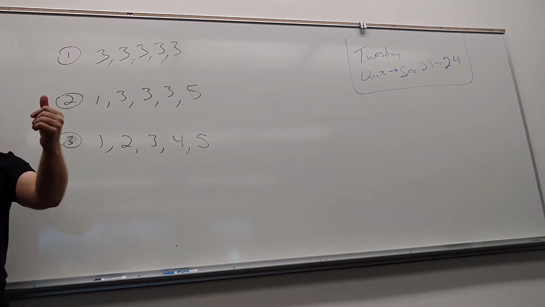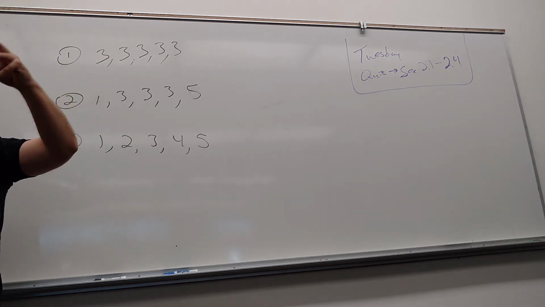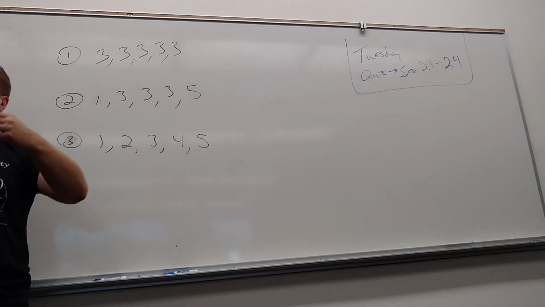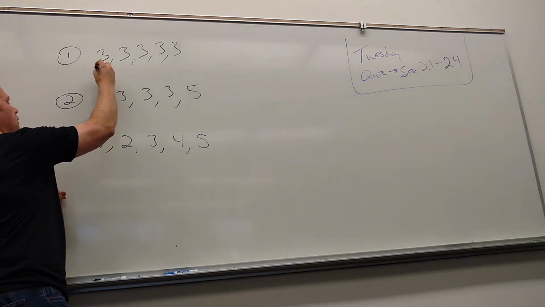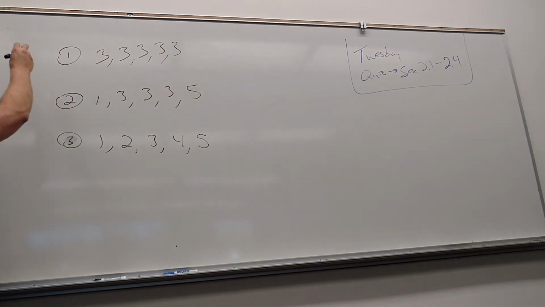Okay, how we doing? What's the average of all these? Or let me use the more technical term, mean. When they say mean, they really mean what we think of as average. What's the mean of each of these? 3. Yeah. So a sample mean, we've seen that he uses this notation here, right?